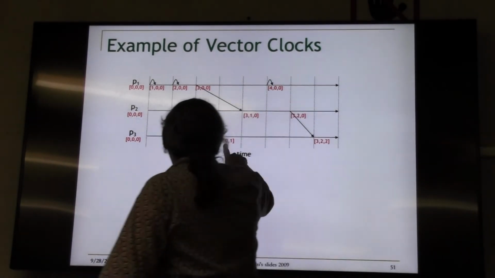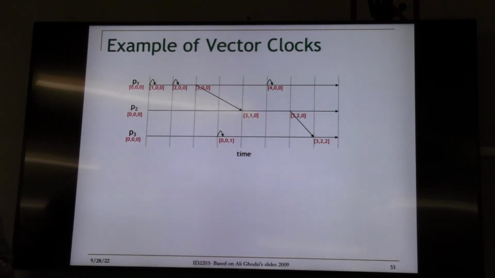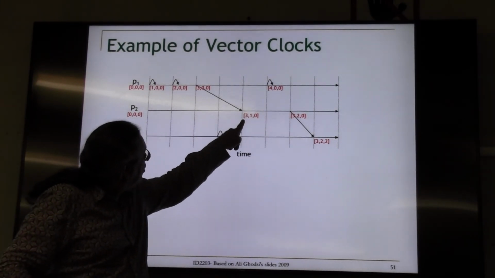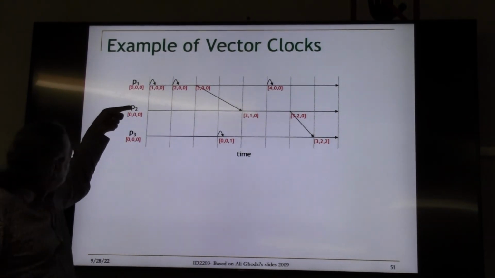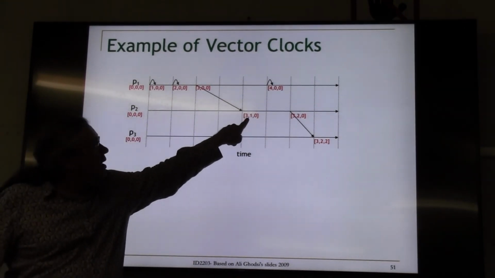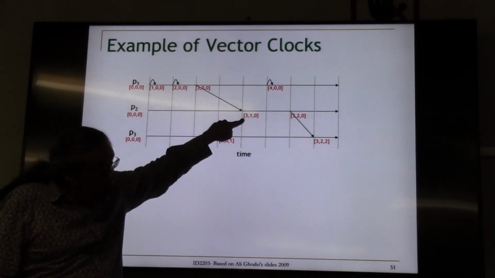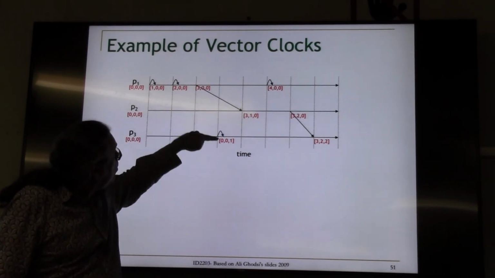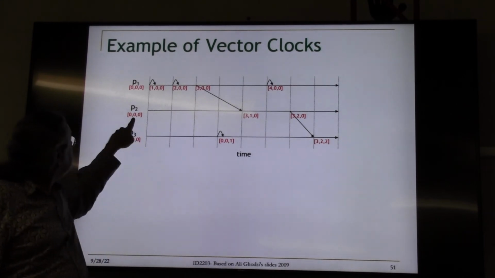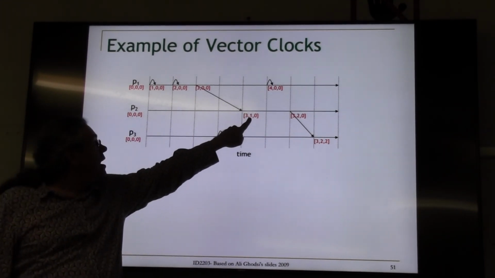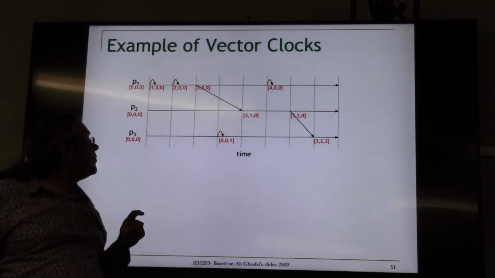Okay. So what is this clock telling me? The intuition is that each of these vectors is telling me, this one for example, what P2 knows about all processes. So P2 knows something about P1, it knows something about P2, and it knows something about P3.